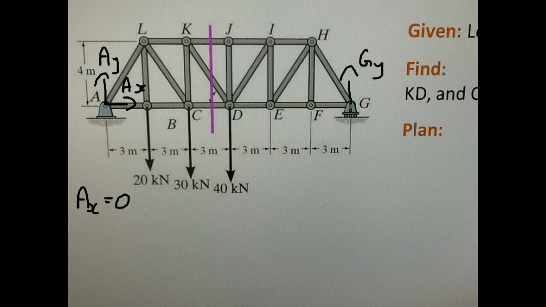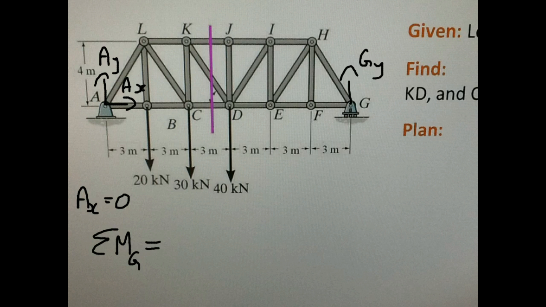We're only going to focus eventually on the left hand side. The imaginary line cuts through the three members we're interested in, but the left hand side has fewer members to deal with, so we'll focus on that with AY. To find AY, we can take moments about G, because then we can ignore the unknown GY.